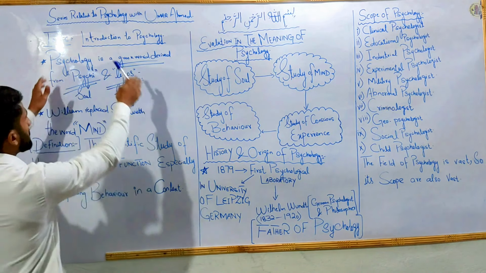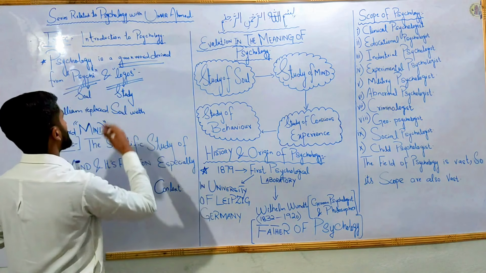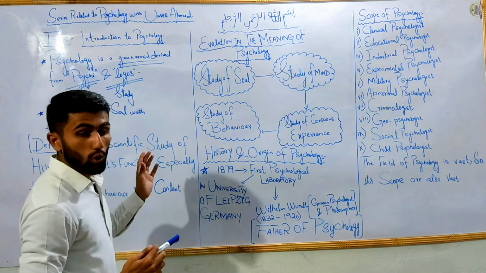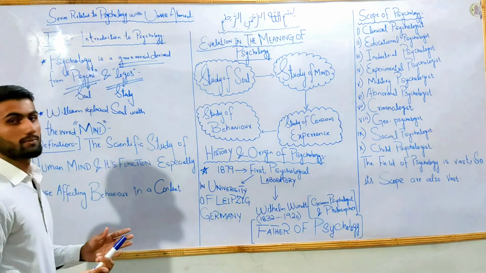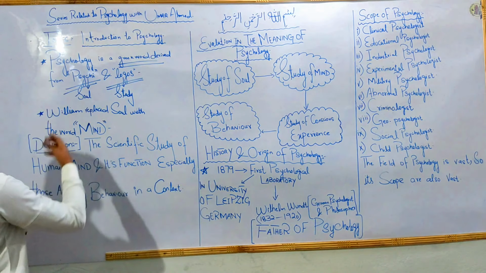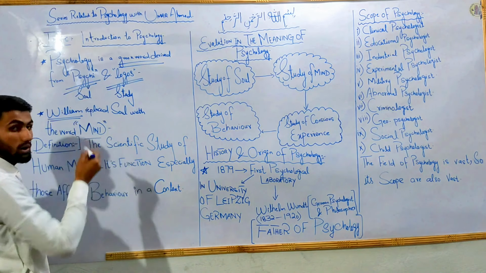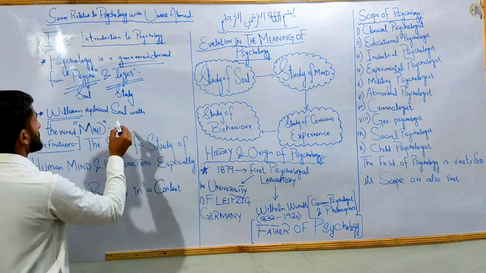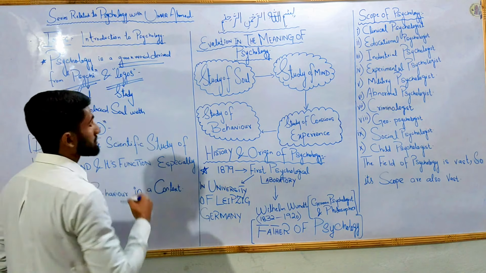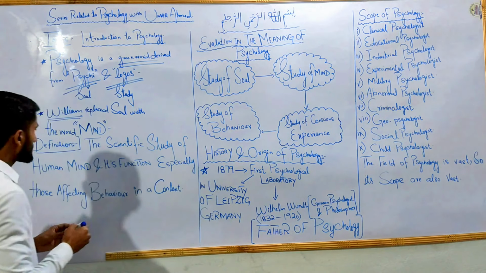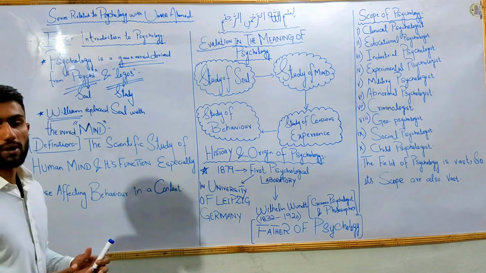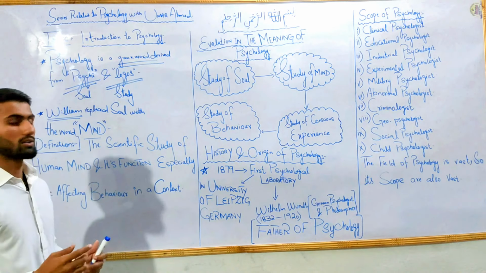So combined, the study of soul is basically known as psychology. In later time, William, a psychologist, replaced the name of soul with mind. He says that mind is a more appropriate word for defining psychology.